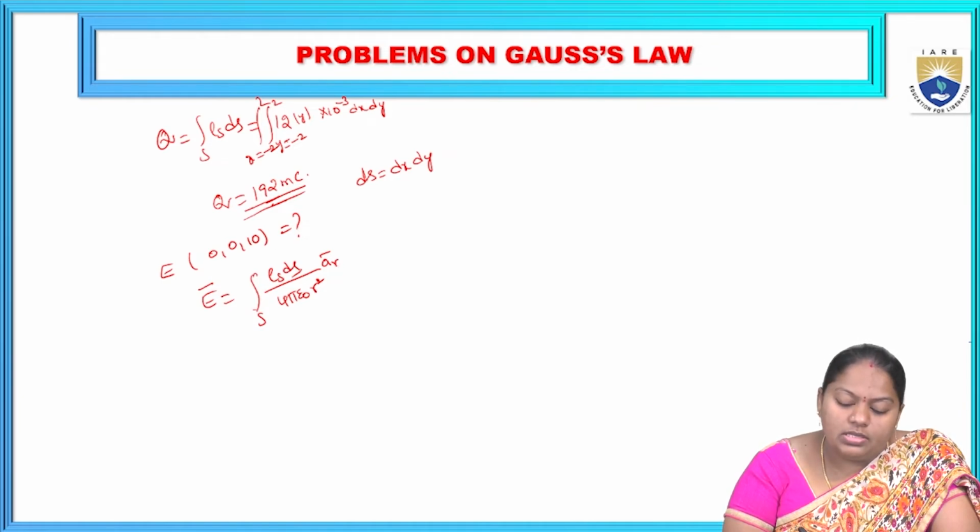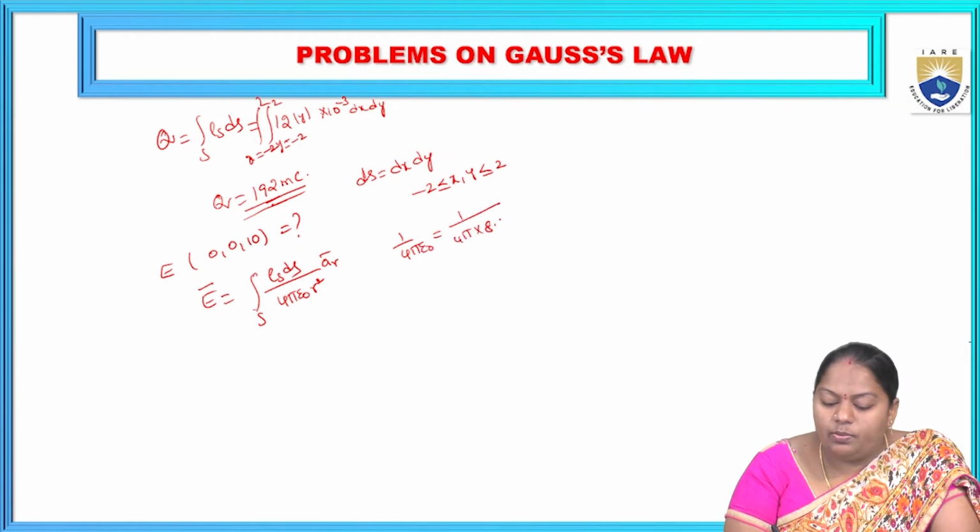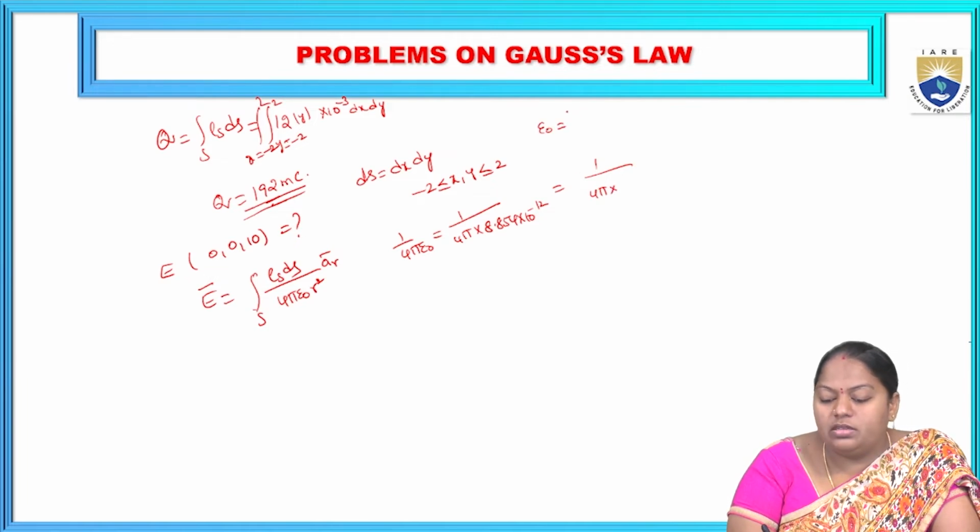Right? So rho s into ds, rho s value is given as 12 into modulus of y, and x and y values range from minus 2 less than or equal to x comma y less than or equal to 2, and the value 1 by 4 pi epsilon naught is equal to 1 by 4 pi into 8.854 into 10 power minus 12, or sometimes we may consider epsilon naught as 10 power minus 9 by 36 pi.